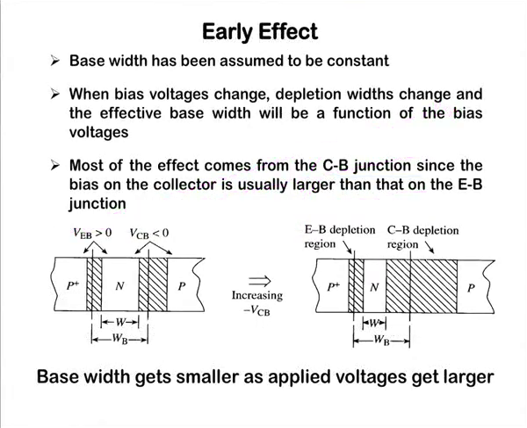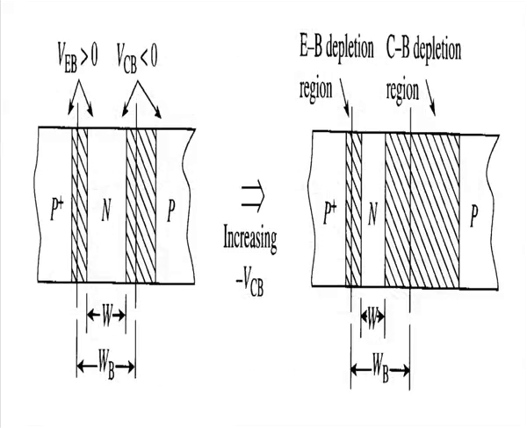In our calculation we assumed that the base width is constant and does not change with biasing. But practically, when we increase the voltage, the base width is also modulated, mainly due to the collector base depletion region. When we apply reverse bias, this depletion width increases, so the neutral base width is not constant and changes with biasing, and due to this we get a slope in the output current.